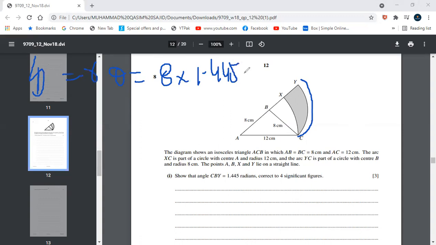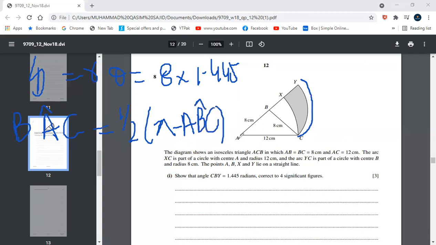Okay. Now in the second case, we have to find BAC, the angle of A. So BAC angle equals half into pi minus angle ABC. Is this clear?